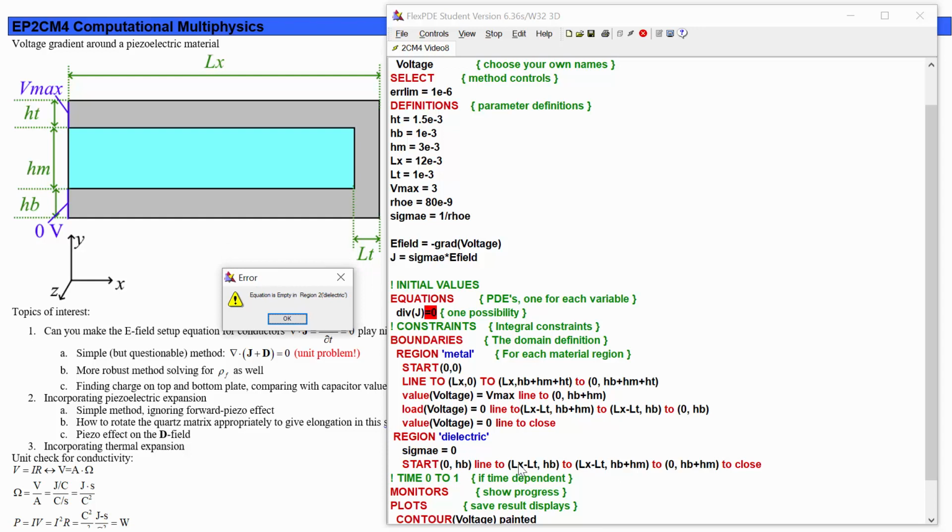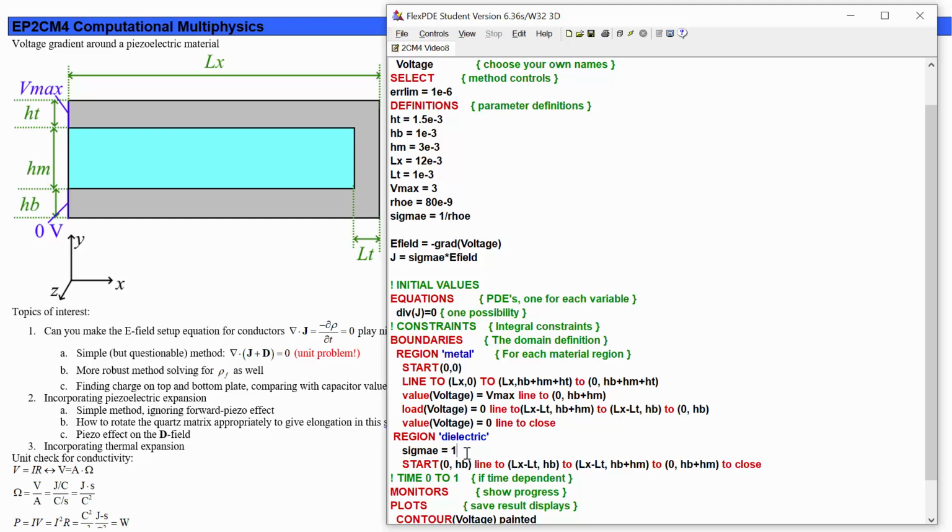We need to do something about that, and we can fix it by, instead of saying that sigma is 0, we're going to make sigma so low that it's practically 0. 1 is a good example of that, because with the resistivity of around 100e-9 or 1e-7, that means the conductivity is more like 1 times 10 to the 7 or 10 million.